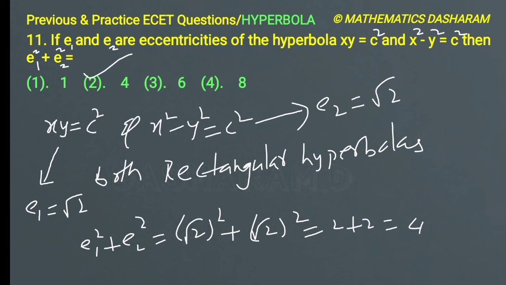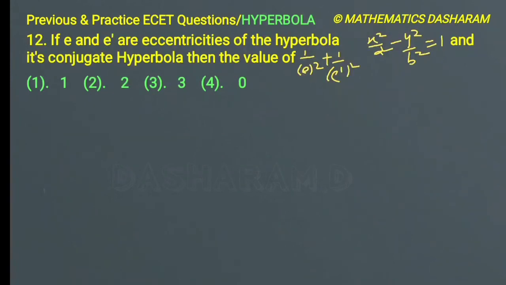Option 2 is correct. 12th question, if E and E dash are eccentricities of the hyperbola x square by a square minus y square by b square equals 1 and its conjugate hyperbola. E is the eccentricity of this hyperbola, E dash is the eccentricity of the conjugate hyperbola, then the value of 1 by E square plus 1 by E dash square equals what?